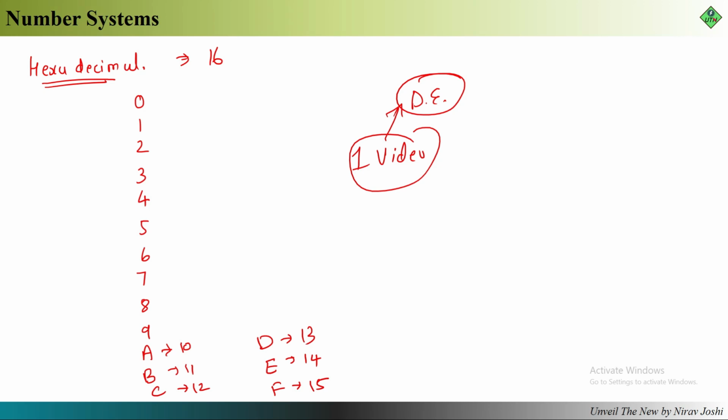For that purpose, the number system is a very important topic and we need to pay a lot of attention to it. We need to learn it carefully. We need to have a very good grip on that. So for that purpose, we will take this topic quite slowly, and later on, once we have a very good grip and very good coverage of this topic, we'll move to the other topics of digital electronics.